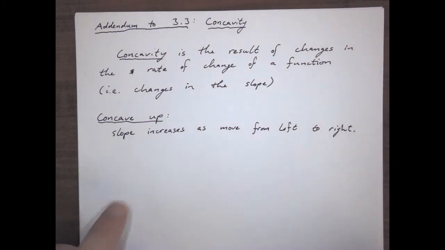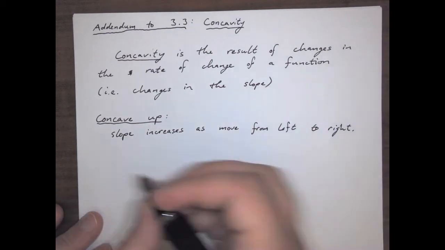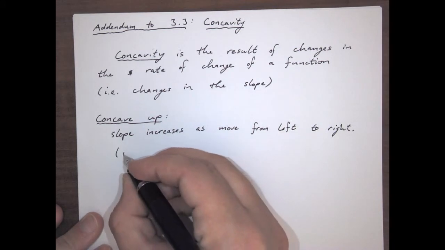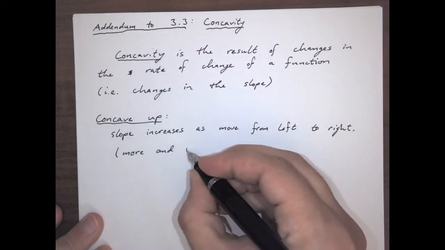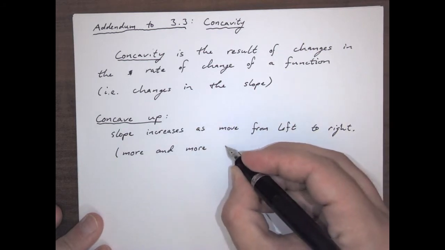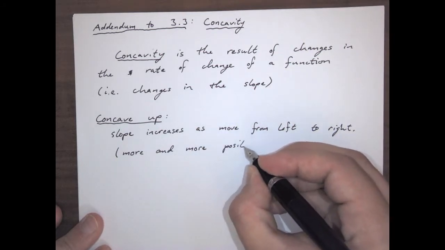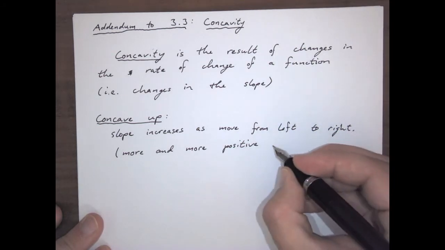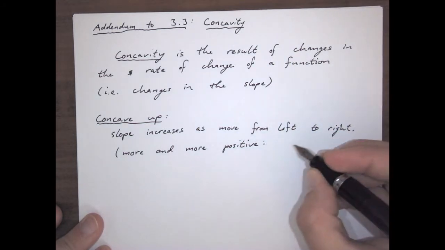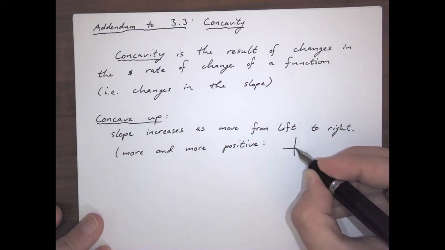Now, increasing, that can mean one of two things. That can mean either it's positive and it gets more positive, or it can mean that it's negative and it gets less negative. So that either means more and more positive, which then would look like this.